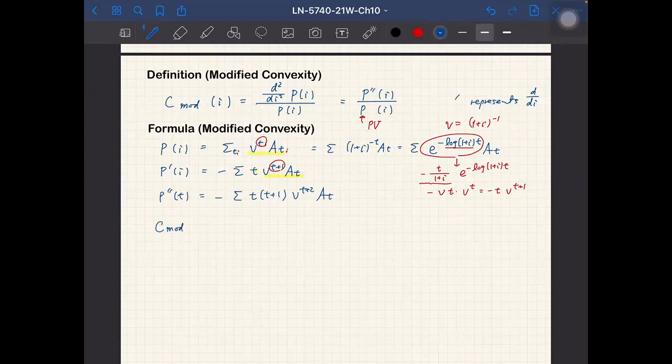C sub mod of i is equal to, and this is negative, so positive, the summation of t times t plus 1 times v to the power t plus 2 times A sub t, divided by P of i. You have the formula for P of i here. So we can calculate the modified convexity by this formula.